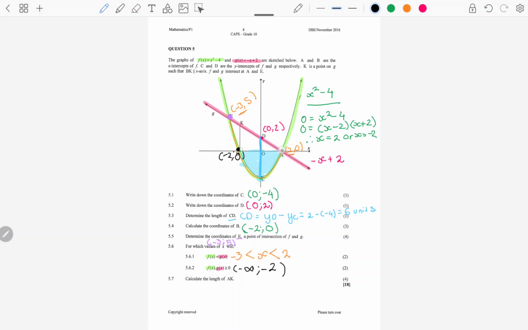But it's also from this point here. But it's only at this specific point because g of x starts to go below this point here. It starts to come below here. So therefore, we'll write and 2.